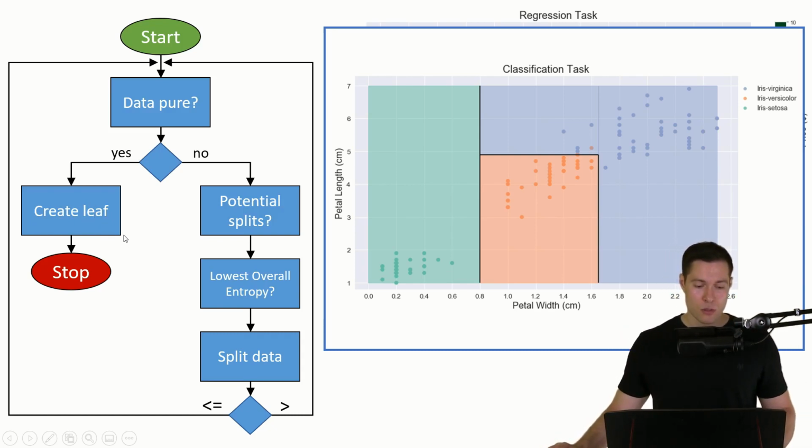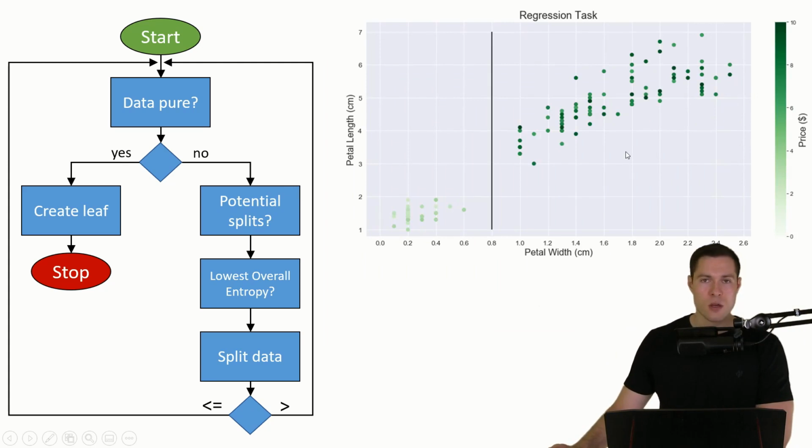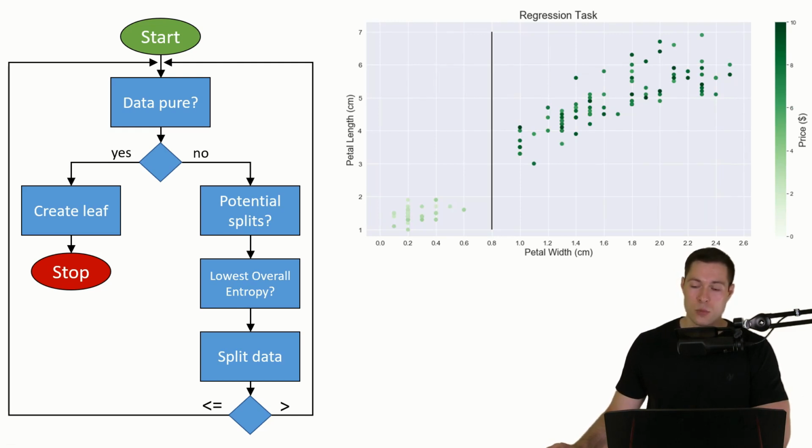Okay, so originally for the classification task, we created a leaf by simply checking which class appears most often in such a split area. For the regression task, however, we can't do this anymore because the flowers in such a split area might all have a different price.